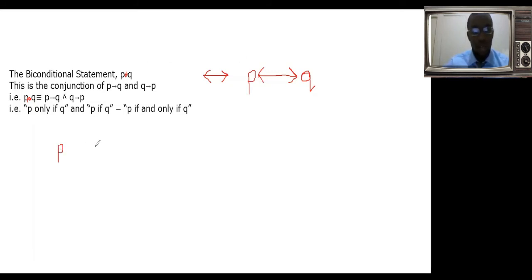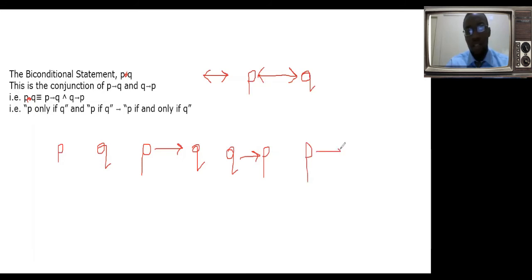We have P, we have Q, we have P implies Q, then we have Q implies P, then we're going to have the biconditional statement, P implies Q and Q implies P, where this is just the conjunction of these two.